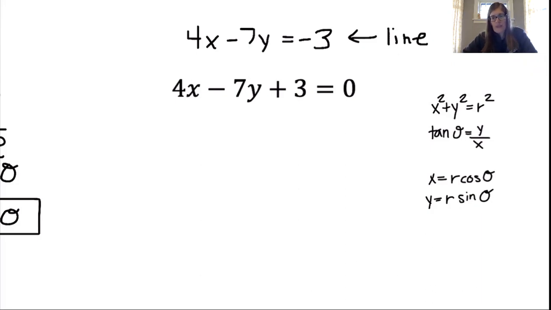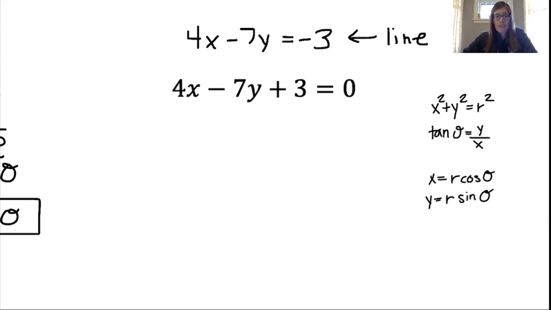But the big difference between this line and the 2 previous lines I did was the other 2 lines went through the origin or the pole. If you solve this one for slope-intercept form, you're going to find out that your y-intercept is not at the pole. So when you have something that isn't just y equals mx in rectangular form, when it has a b value other than 0, they don't look as nice in the end.